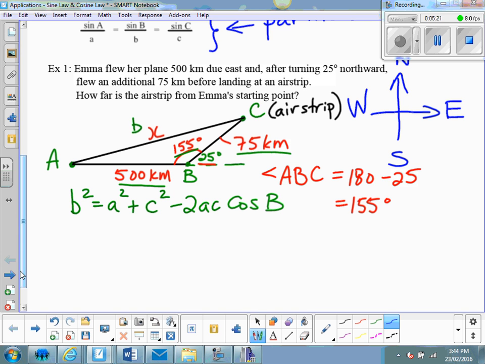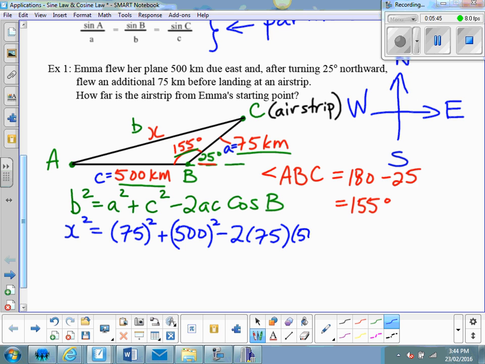So in the spot of b there I have x, so x squared. This is side A, and this is side C in my triangle. So this is going to be 75 squared plus 500 squared minus 2 times 75 times 500, and then it's going to be cosine of the angle, which is 155 degrees.